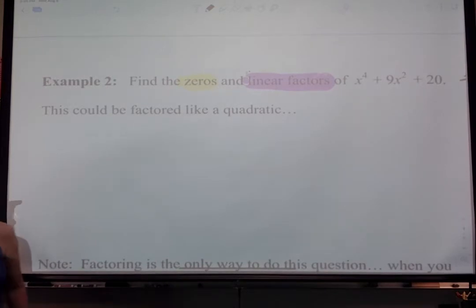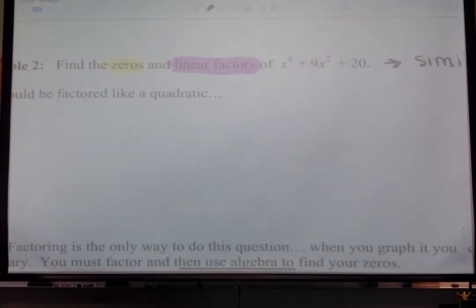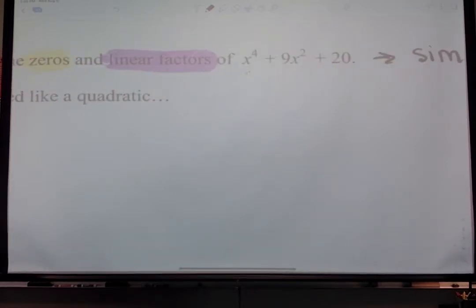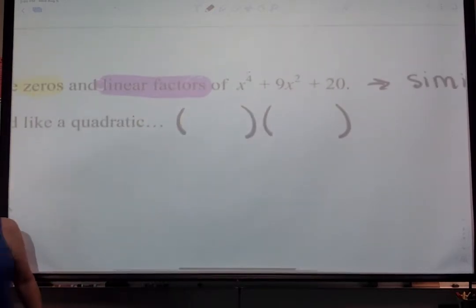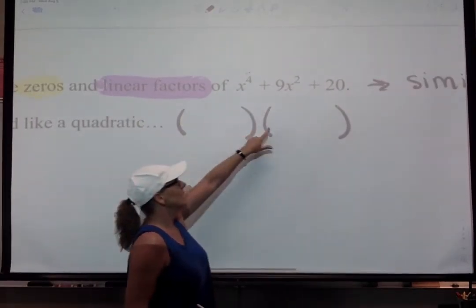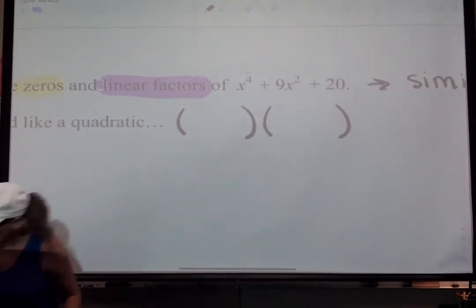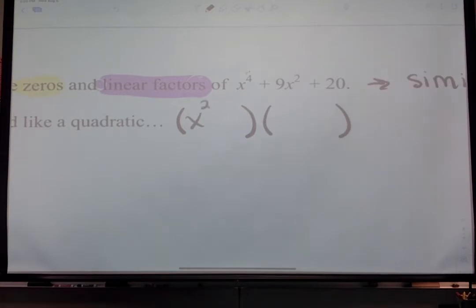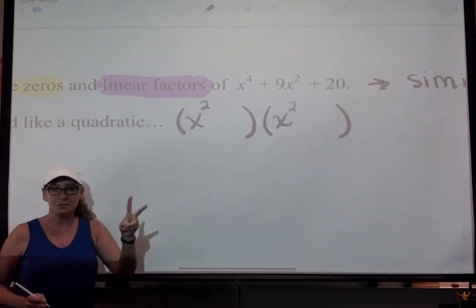So, x to the 4th plus 9x squared plus 20, try factoring it like this. What do you want to put here and here so that when you multiply them together, you get x to the 4th? I think you want to put x squared and x squared. Now that does 2 things for us.